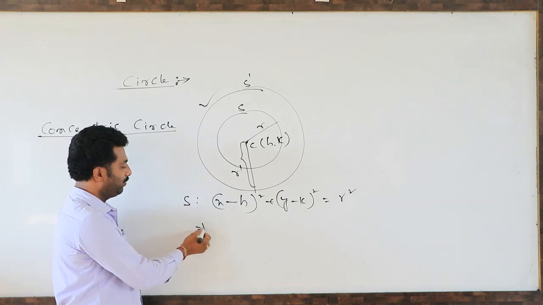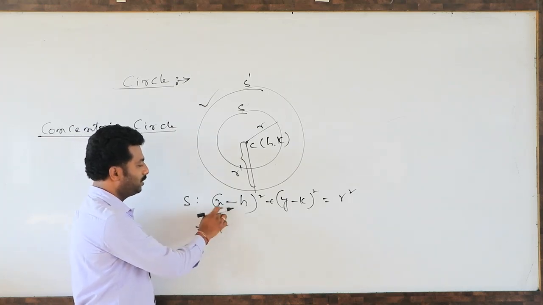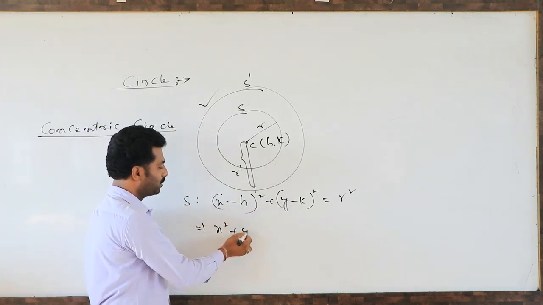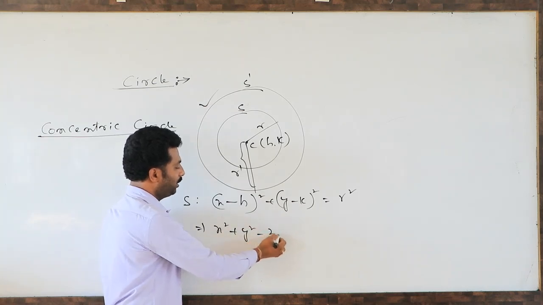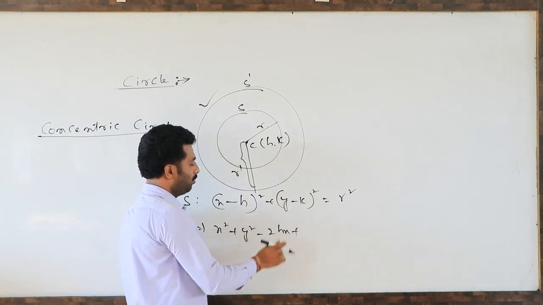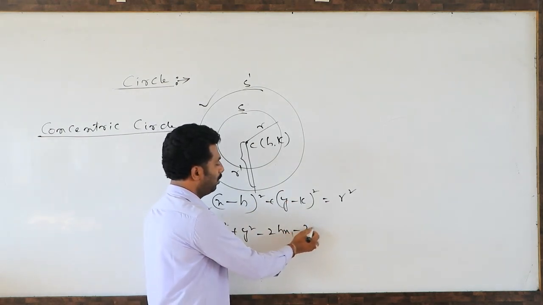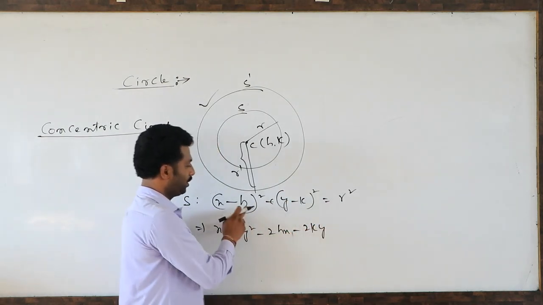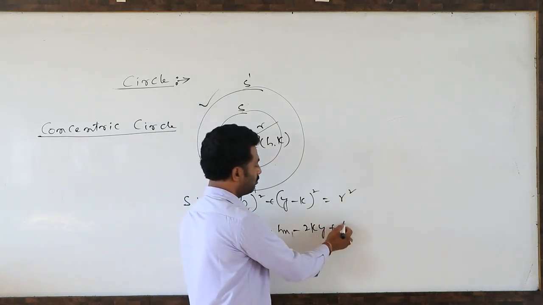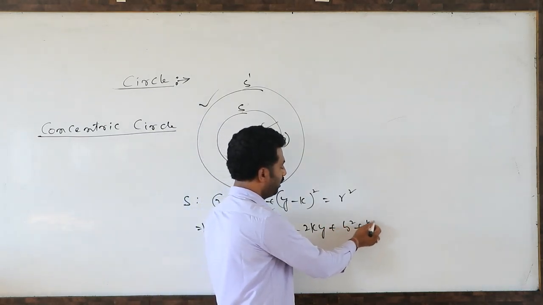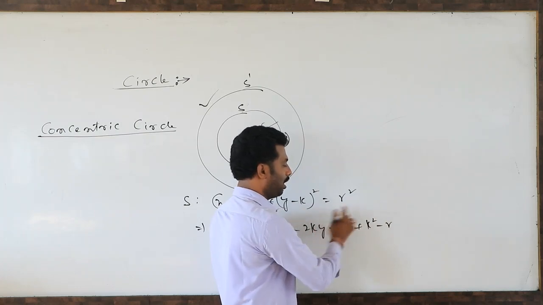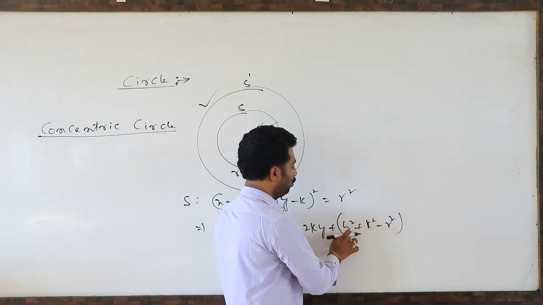If I simplify this one, what will we get? x square plus y square minus 2hx minus 2ky plus h square plus k square minus r square equal to 0.